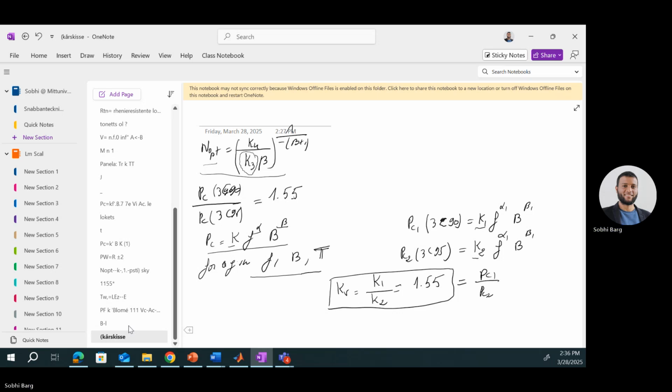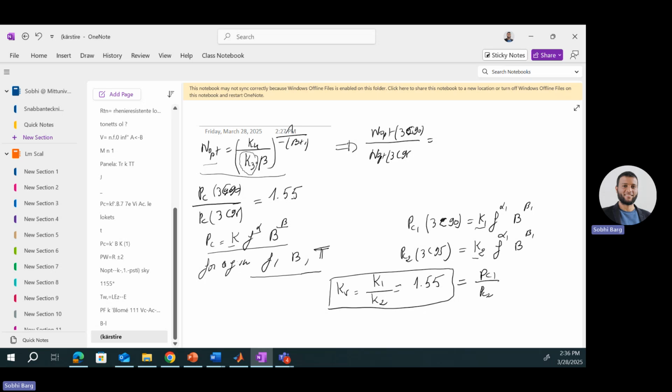So all this term, if we divide the ratio N opt for 3C90 divided by N opt for 3C95, all this K4 and beta and the remaining factors in K3 except for K will be cancelled out.